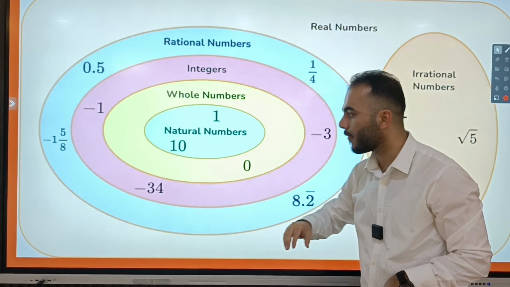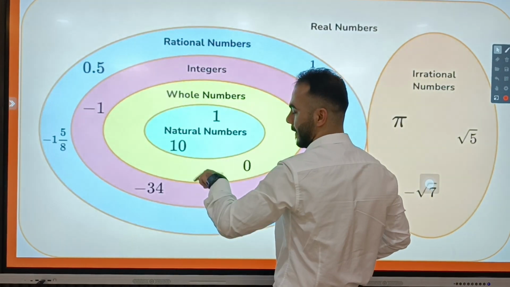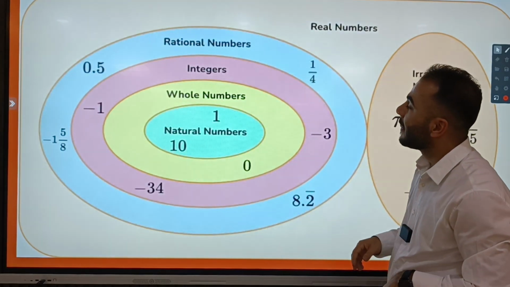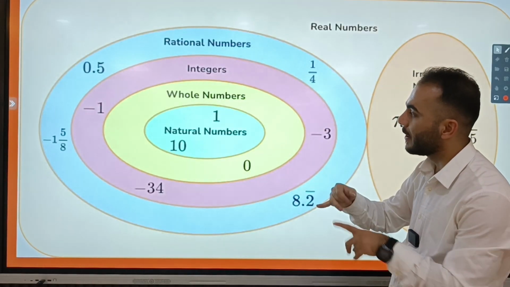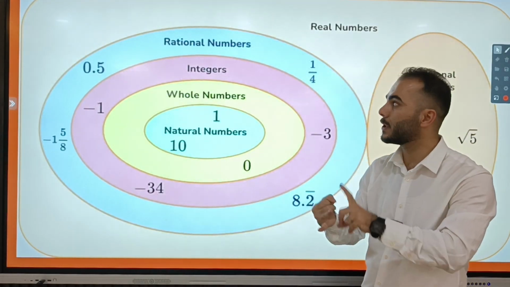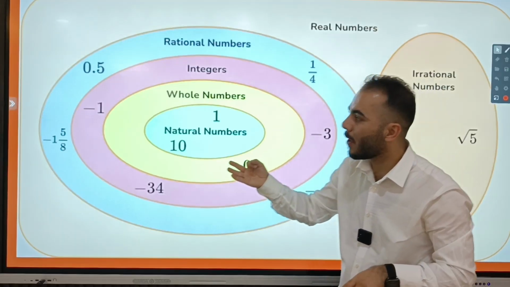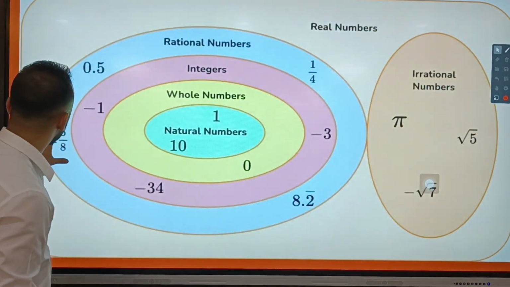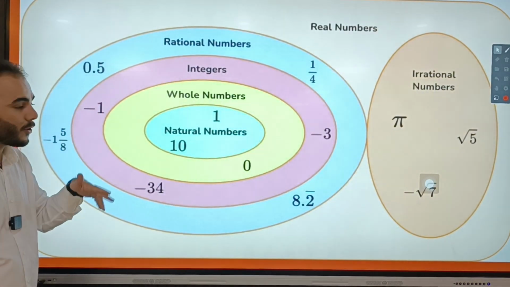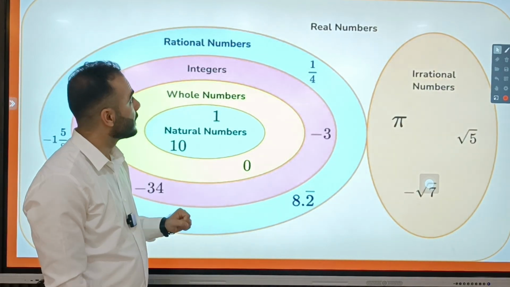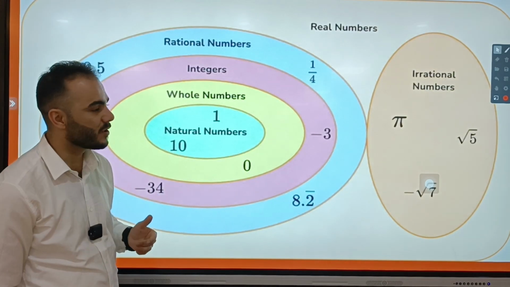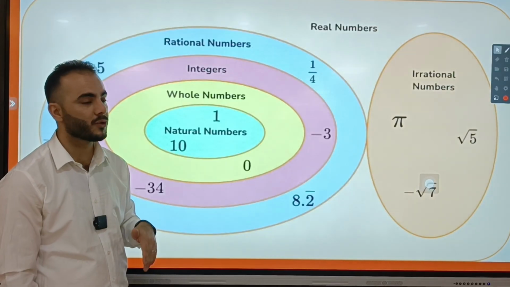For instance, -34 is out of this circle. And then finally, all these types of numbers are rational, like natural numbers, whole numbers, integers, decimals. So here are improper fractions like mixed numbers, proper fractions, repeating decimals, and we had terminating decimals as well, perfect square roots, perfect cube roots.